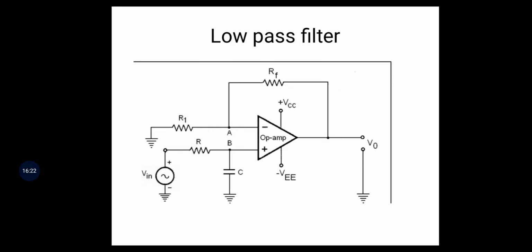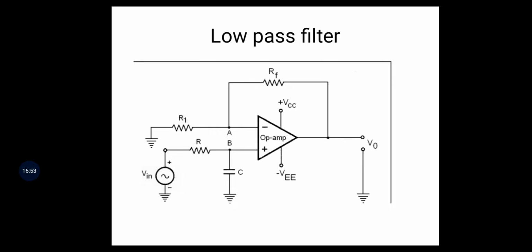At low frequencies, the capacitor appears open and the circuit acts like a non-inverting amplifier with a voltage gain of 1 plus RF by Ri. As the frequency increases, the capacitive reactance decreases, causing the voltage gain to drop off.